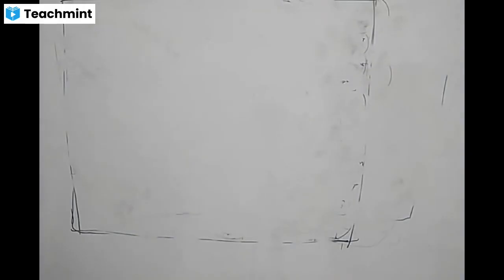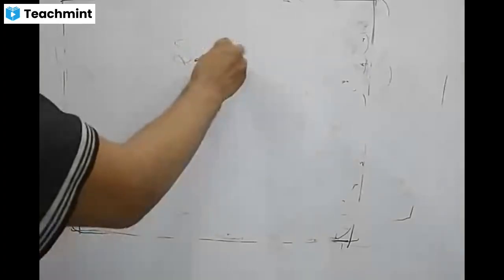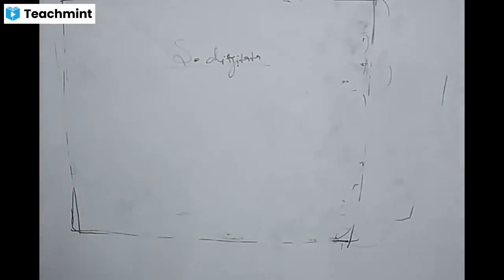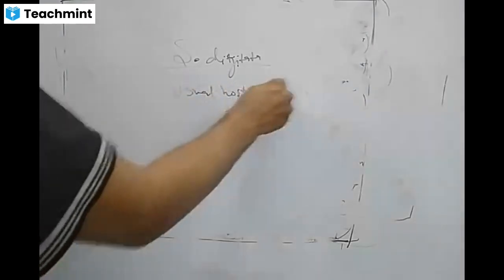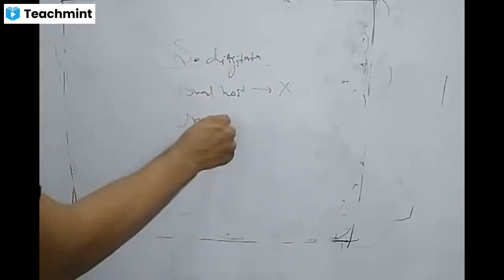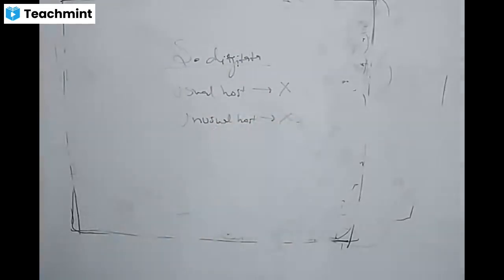Then there are some abdominal worms, Setaria digitata. One important thing about this, in case of usual host, they are non-pathogenic. If they enter into unusual host, then they migrate and damage some structures.